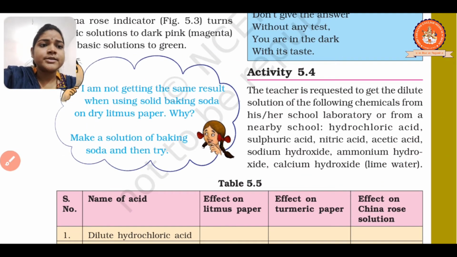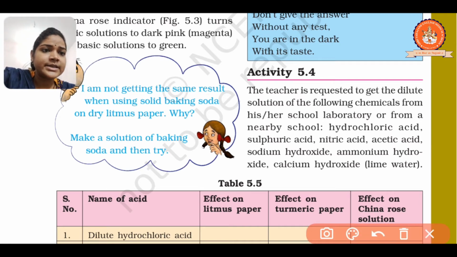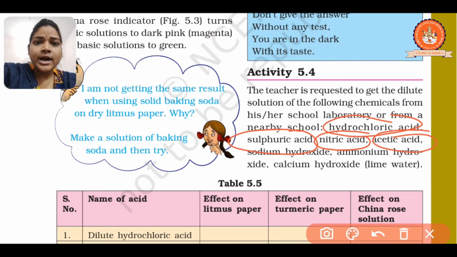So here the given substances are hydrochloric acid, sulfuric acid, nitric acid and acetic acid. These are all acidic in nature. So if we dip blue litmus paper in them, it turns red.